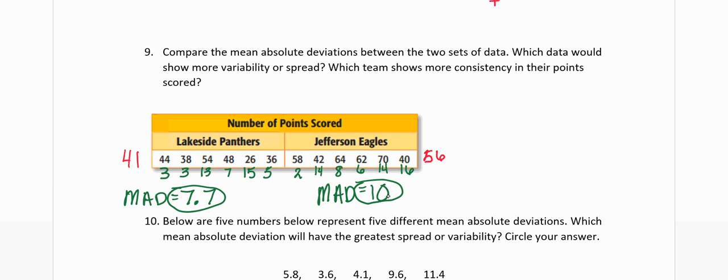Which team shows more consistency? Consistency, I'm thinking about distance. Which one would be more spread out? Which one would be closer together? Well, if I have a smaller number, I have less distance, so my data is less spread out, meaning they are scoring closer to 41 each time.